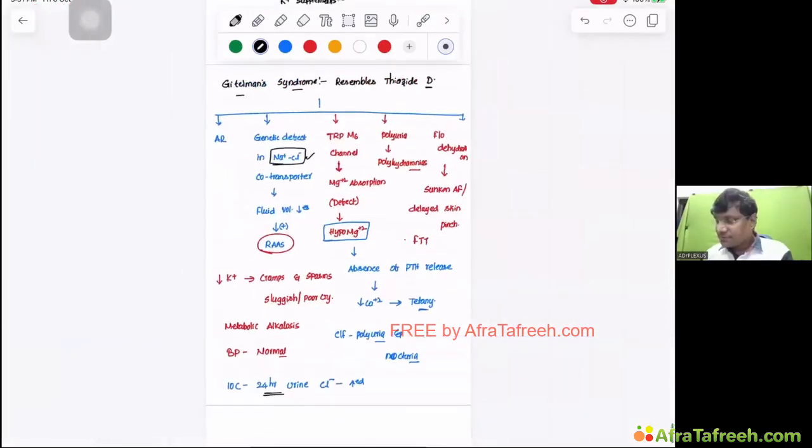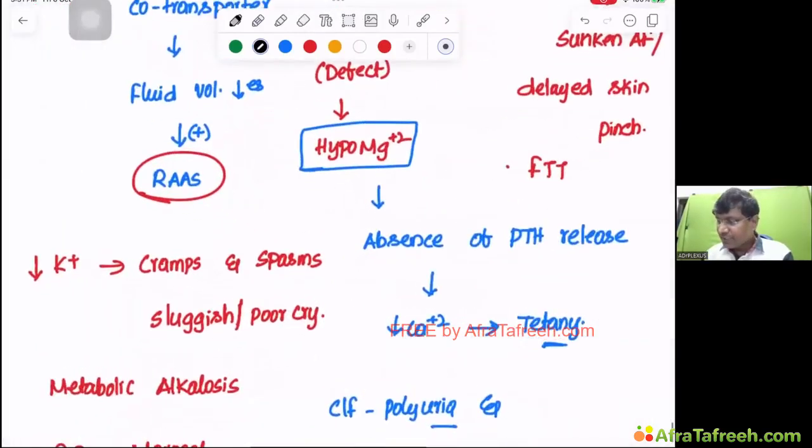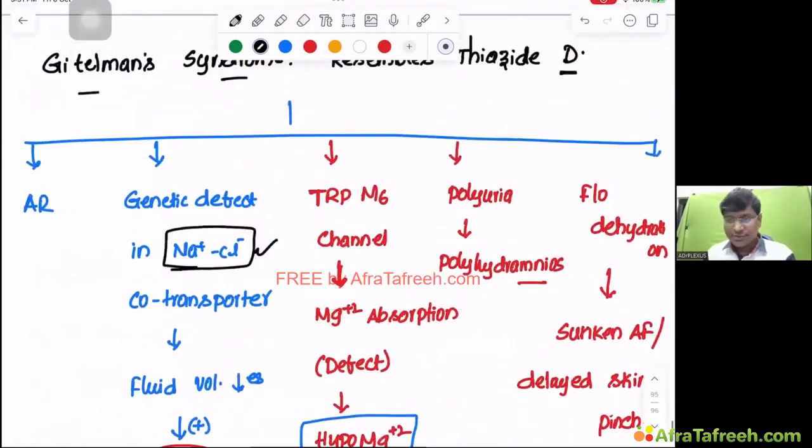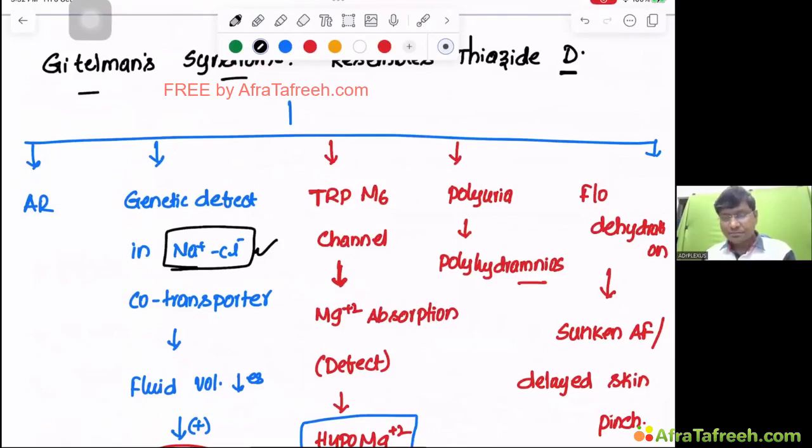So this is about Gitelman syndrome. Let me do a quick recap. Gitelman syndrome is a disorder of the sodium chloride symporter at the distal convoluted tubule. Inheritance is autosomal recessive, commonly seen in children.